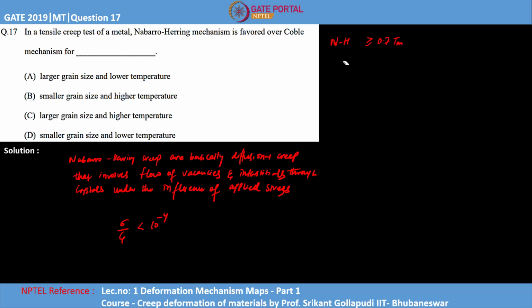And for Coble creep, the temperature will be basically less than 0.7 times the melting temperature. So Nabarro-Herring creep occurs basically at a higher temperature than Coble creep, right?